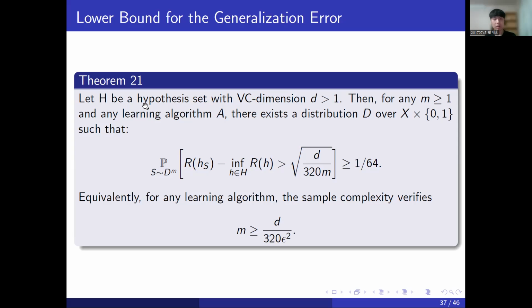Let H be a hypothesis set with VC dimension greater than 1. Then for any m greater than or equal to 1 and any learning algorithm A, there exists a distribution D over X times Y such that these conditions are satisfied. Equivalently, for any learning algorithm, the sample complexity verifies m is greater than this term. Did you find the difference between the definition of agnostic PAC learnability and this inequality?